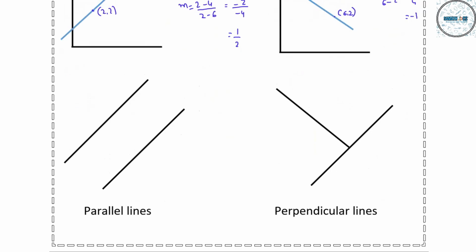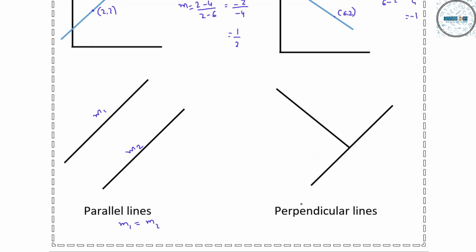Now we will discuss parallel lines and perpendicular lines. Whenever two lines are parallel, their gradients are equal. Whatever the gradient of this line, the same is the gradient of this line. So the gradient of parallel lines is the same.